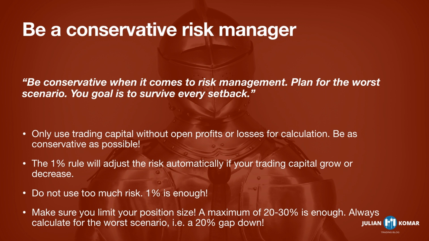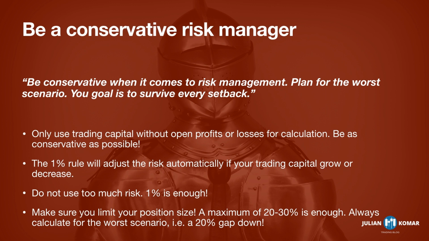And also a very important rule is limit your position size. This is super important. A maximum of 20 to 30% is enough. Always calculate for the worst scenario. Always calculate for the scenario when a stock gaps 20% against you. I made a video about that, about big gap downs, how to handle that, what's the background, and how you manage risk effectively.